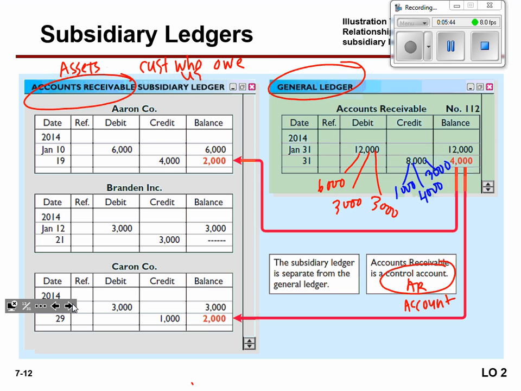So instead of trying to squeeze, look at how messy that is. Instead of trying to squeeze those 3 debits and those 3 credits into this control account, we're saying, over here, it's kind of like a spa. Each account has its own little activity. And then we shove it back to the control account as 1 debit and 1 credit. To show that out of the $12,000 that was owed, we still have to recover $4,000.